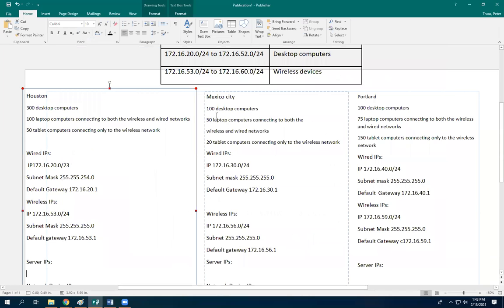Basically, the wired ones also count, like you would count them twice in a sense, because the laptops will have both adapters available, and so technically you could use both at the same time, although the laptop would actually only use one of them. But they could connect with wire, or they could connect with wireless, and you just don't know. So you want to plan for the worst case. So what would that number be then?